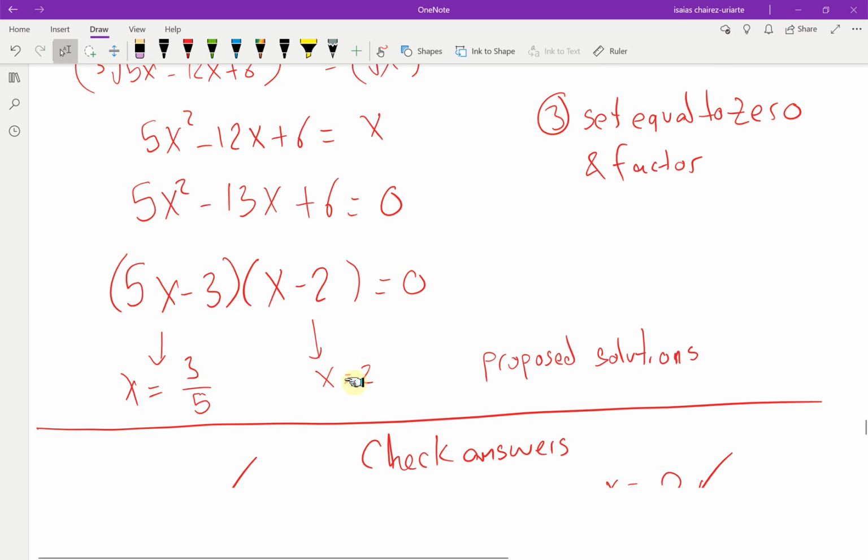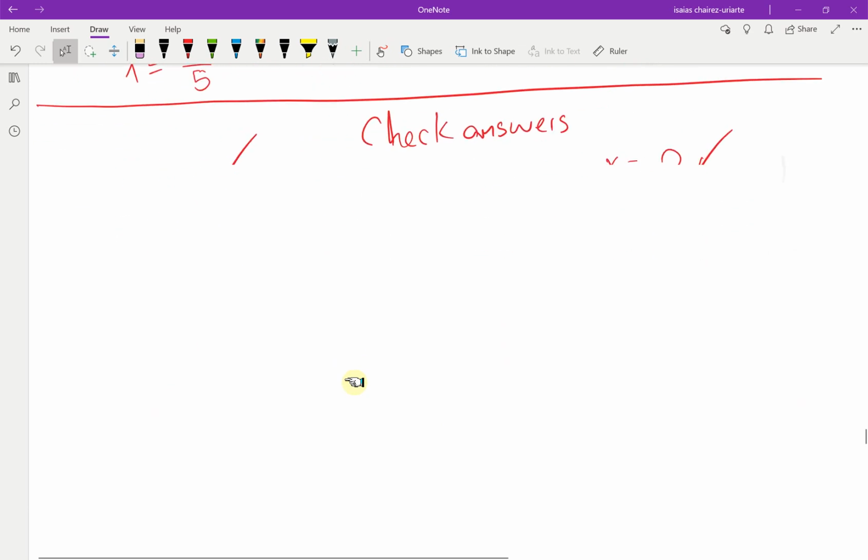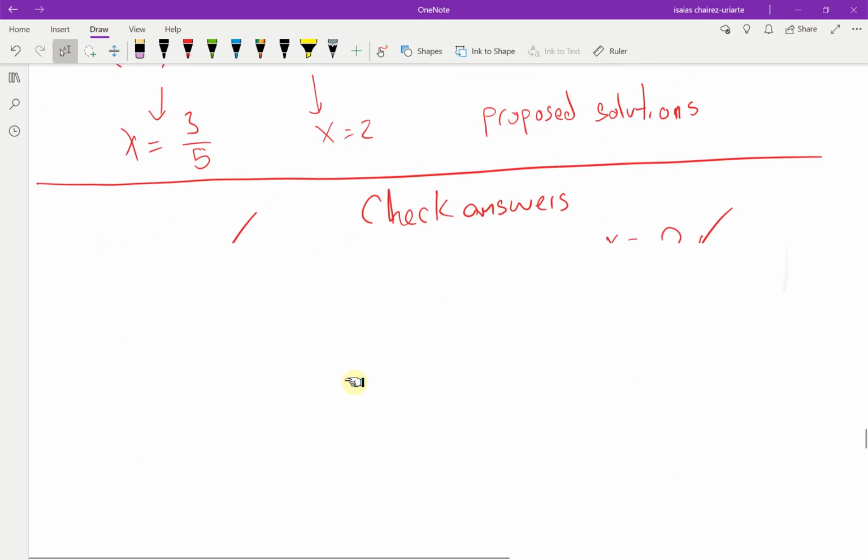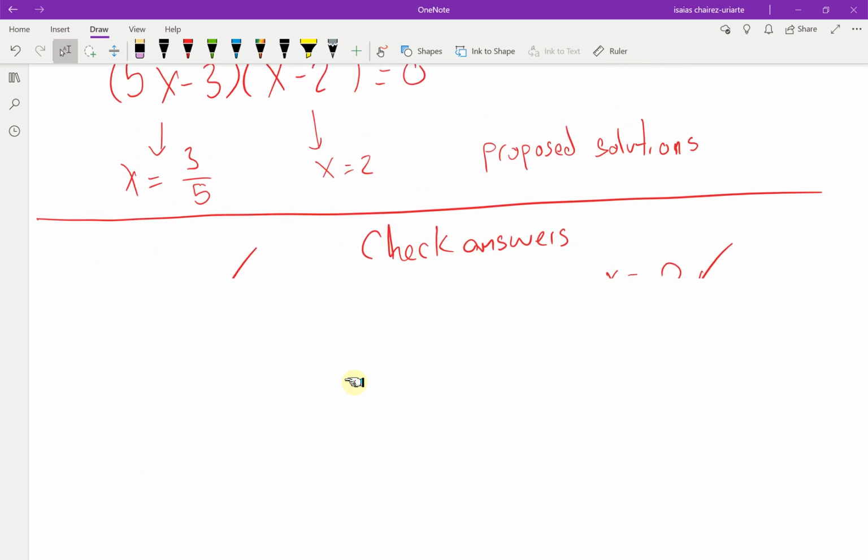And now you still have to check your answers. In this case, both of the solutions, 3/5 and 2, give us valid answers. I'll let you do the checking on your own, but you should get in the habit of checking your solutions, no matter what type of equation you're dealing with, just to make sure that your work is correct.